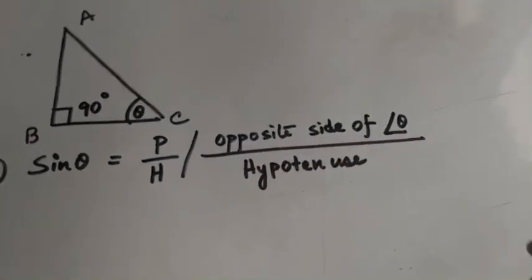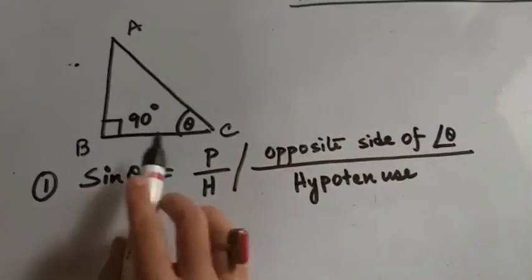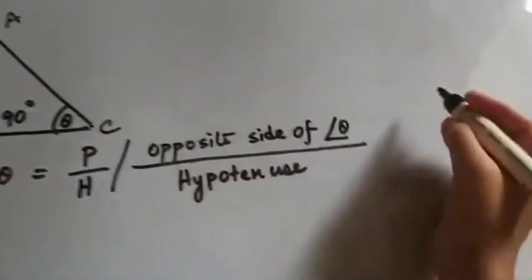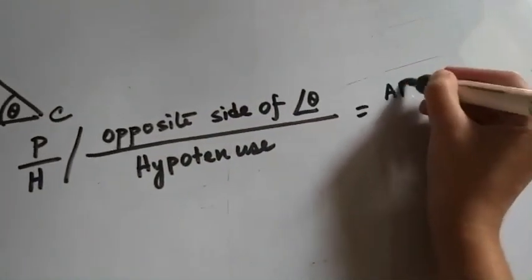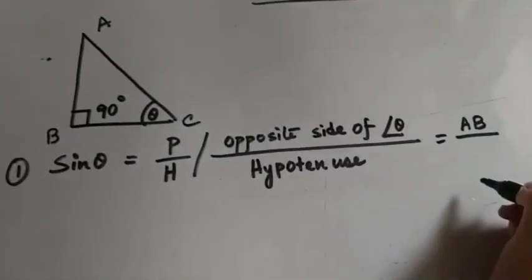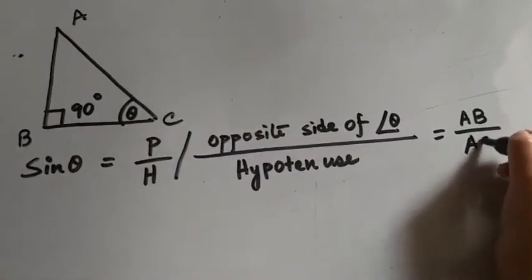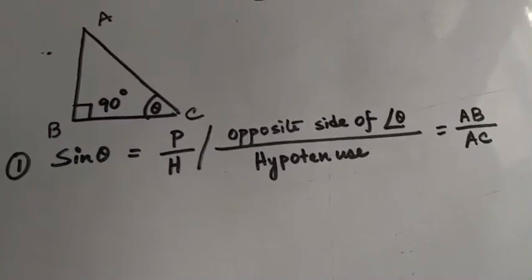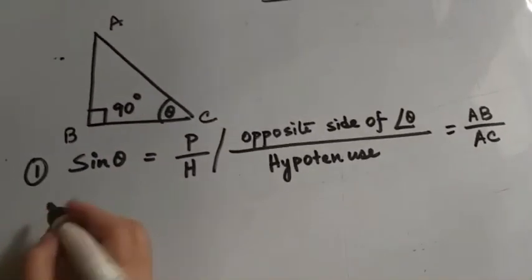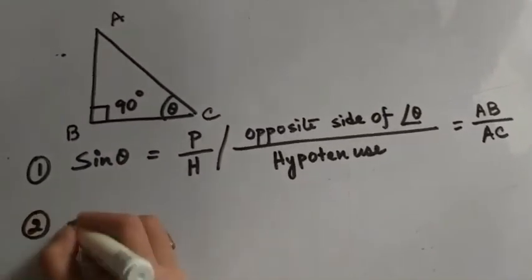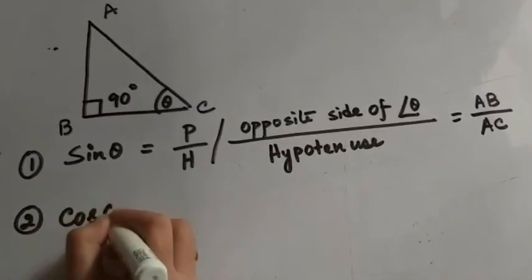Right? So what is the opposite side of angle theta? That will be AB. AB divided by AC. Hypotenuse is AC. Number 2, cos theta.